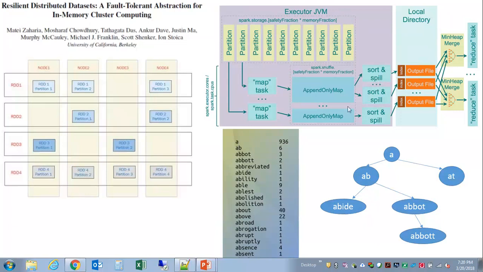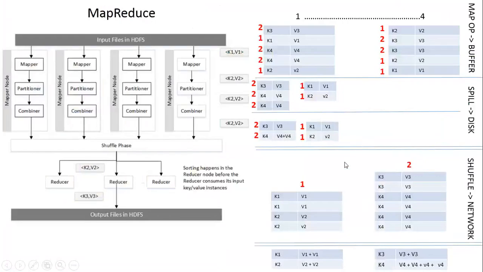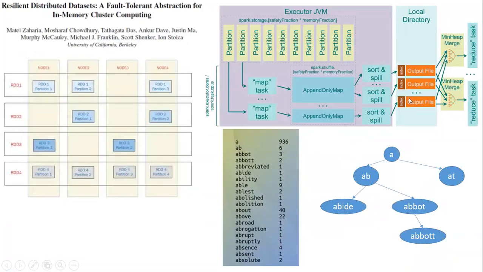Remember, in MapReduce, you had partition functions, and they were generating lots of smaller files. Here, that does not happen. Instead, the data from each mapper is sorted and spilled into the disk, but it is not chunked up into smaller files.